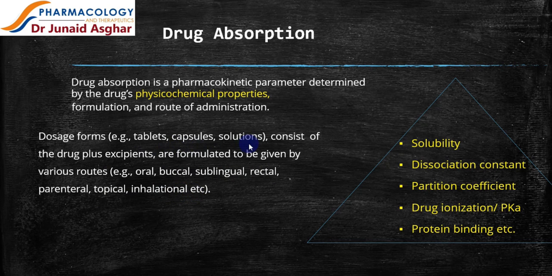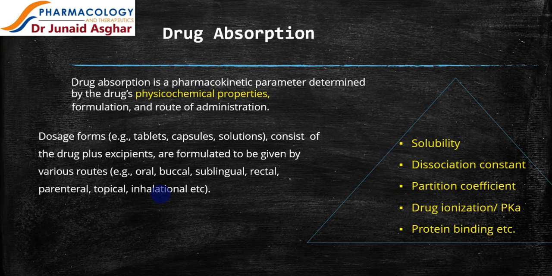So these all formulations are designed in a particular way using different excipients to facilitate their absorption across different parts of the body, for example, oral cavity, rectal route, injectable routes, topical routes, and inhalational routes such as delivery of a drug into the lungs.